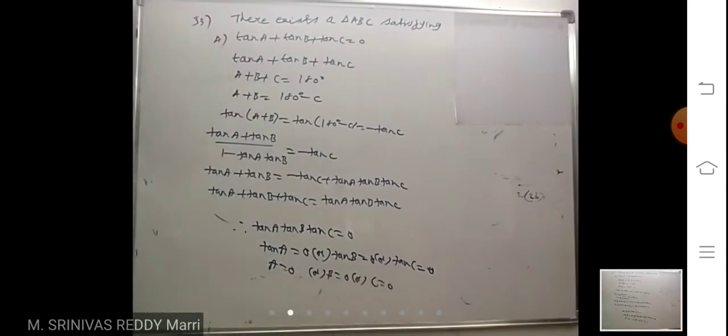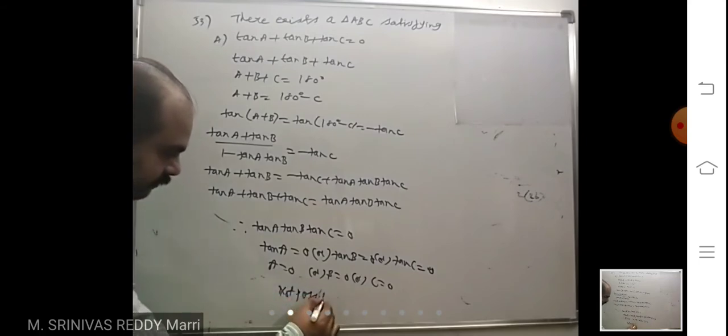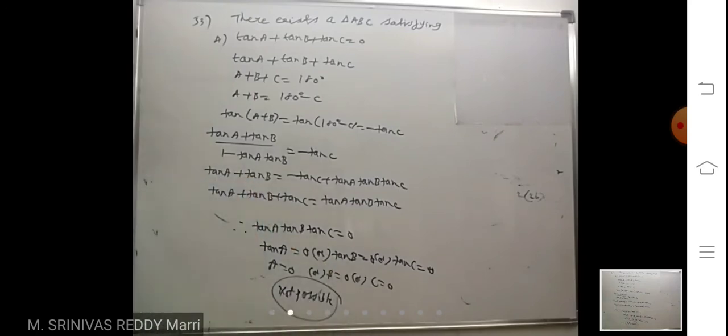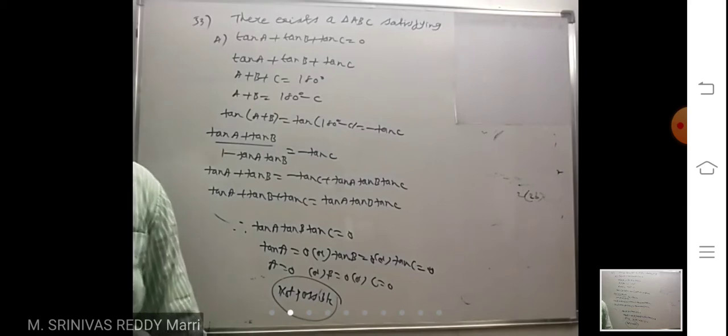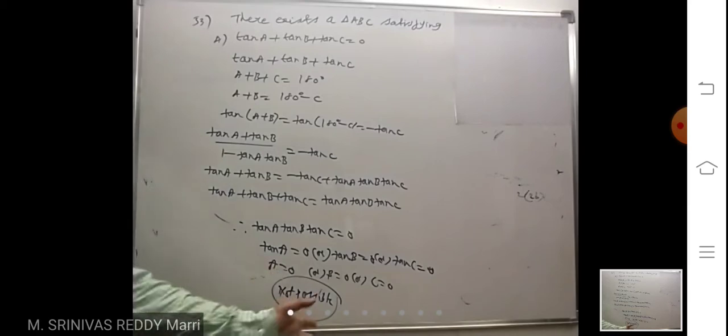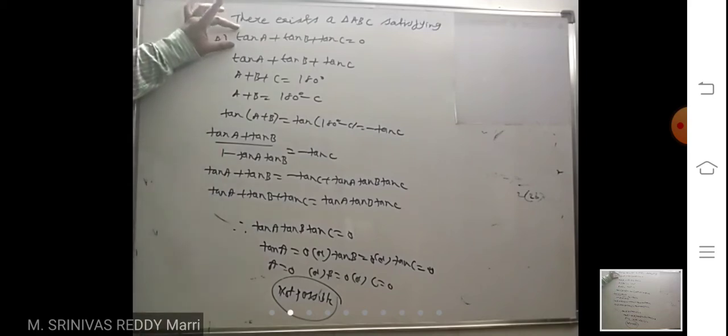For an angle in a triangle to be 0, not possible. That means there will be no triangle such that tan A plus tan B plus tan C equals 0. If an angle is 0, you cannot construct a triangle. So this option is false.